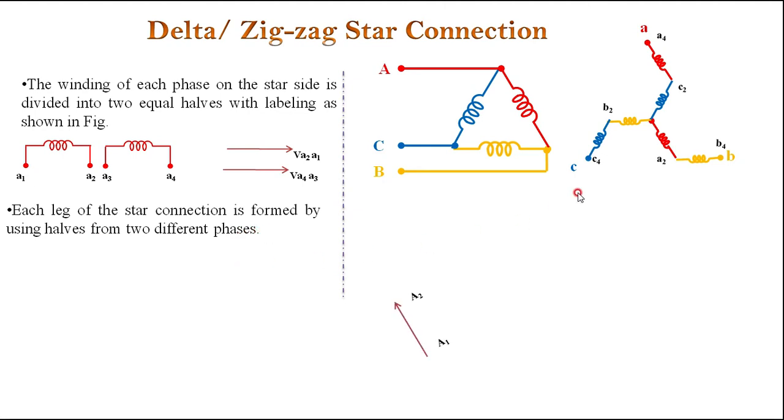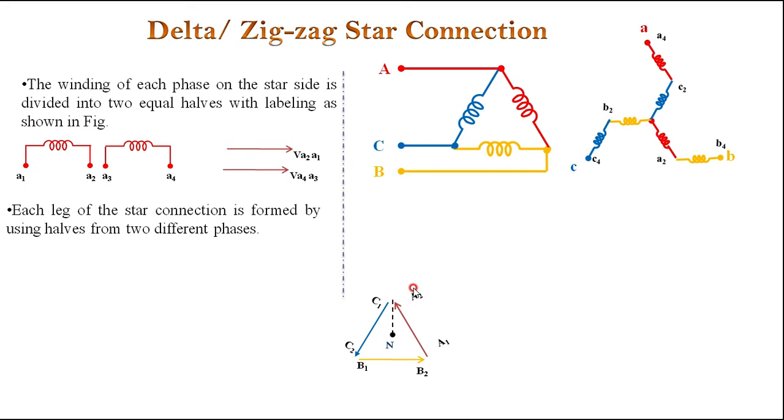Now if you are drawing the vector diagram, first I am drawing it for the delta connection. Here it is A1, A2 in the primary side, where phase and line voltage remain the same in the case of the delta connection. Then it is B1, B2, then C1, C2.